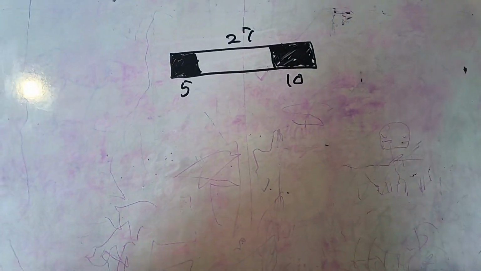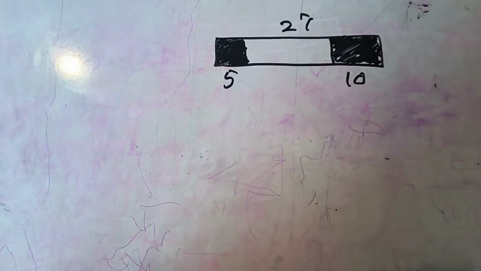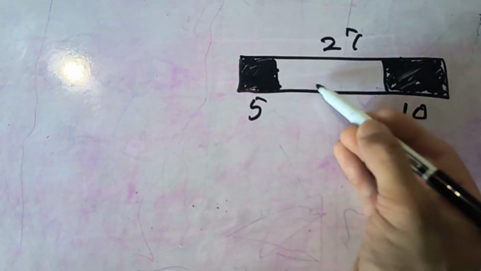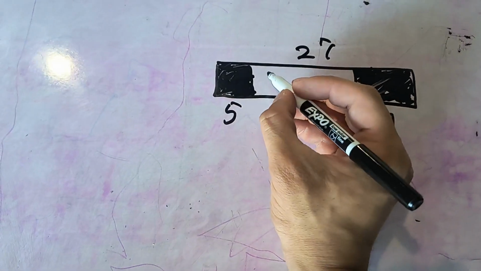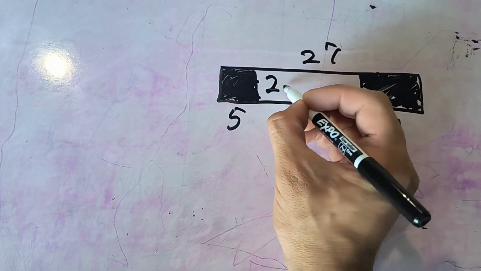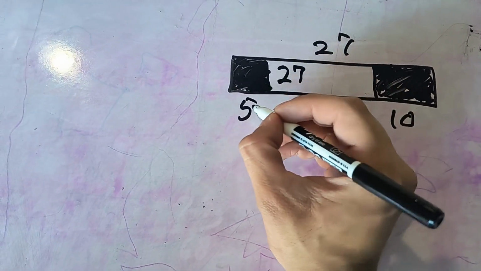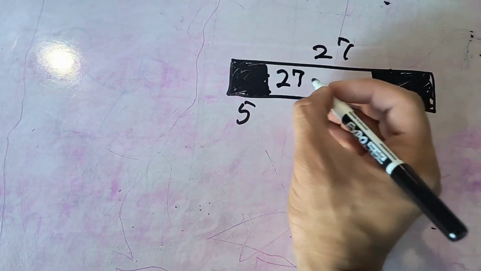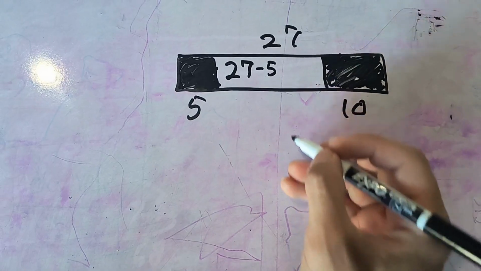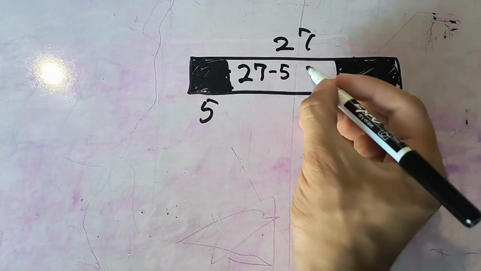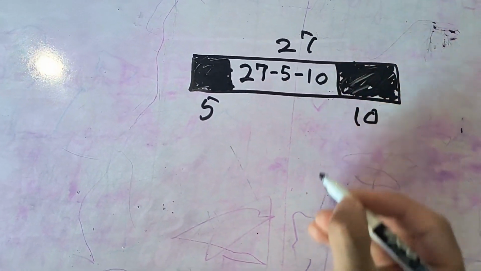Then we're asked, how many gorillas does Lucy have left? Well, that'd be easy. It's just this part right here, the part that's not shaded in. The part that's not shaded in is going to be equal to 27, and then obviously minus this shaded in part, 5, and minus this shaded in part, which is 10.